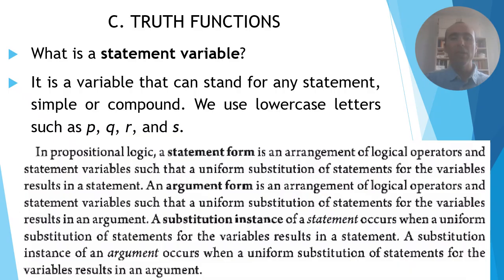A substitution instance of a statement occurs when a uniform substitution of statements for the variables results in a statement. A substitution instance of an argument occurs when a uniform substitution of statements for the variables results in an argument.